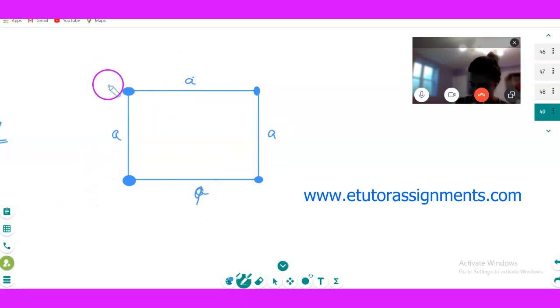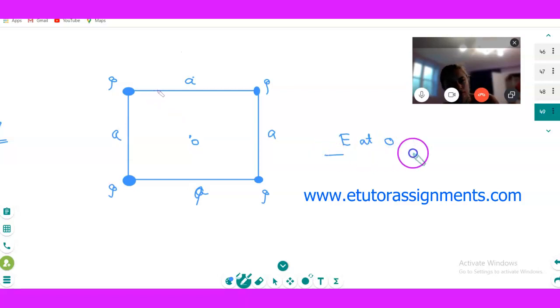If I put Q coulomb charge at every corner, positive Q coulomb, can you tell me what is the net electric field at the center of this square? At this point, electric field E at O. How will you calculate?